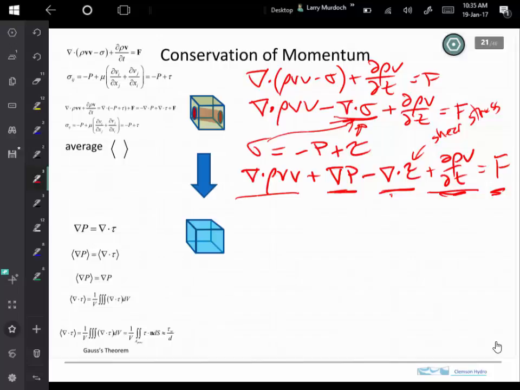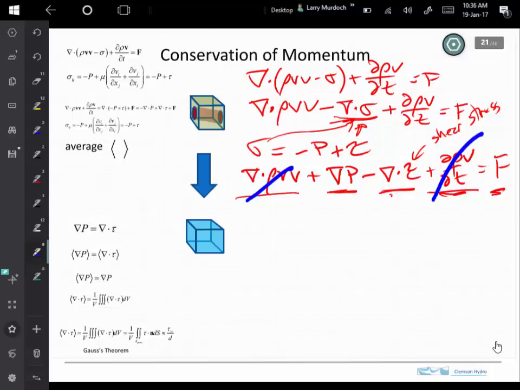So we'll say that if the velocity is low, then this term here, because the velocity is squared, is going to be essentially equal to 0, so we can ignore that. We'll also ignore any kind of acceleration term, so we'll ignore that term as well.